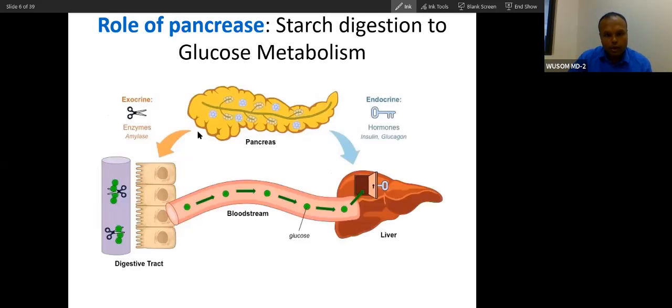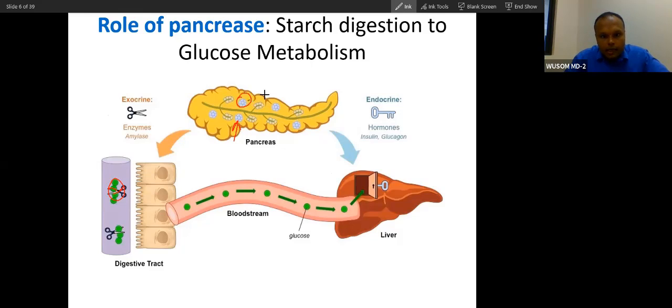And you know this. After digestion of this through this enzyme shown by the scissor, after it is absorbed, some part of this carbohydrate will reach the pancreas also. In the pancreas, the beta cell is there.